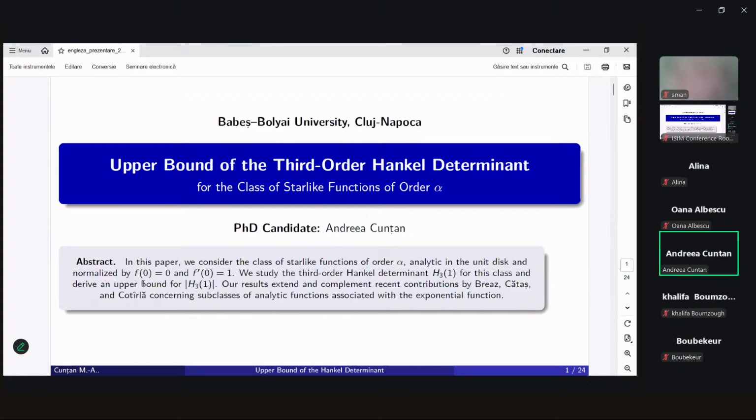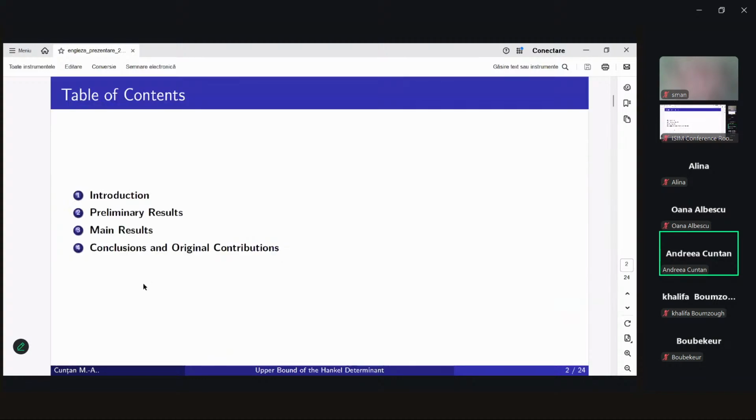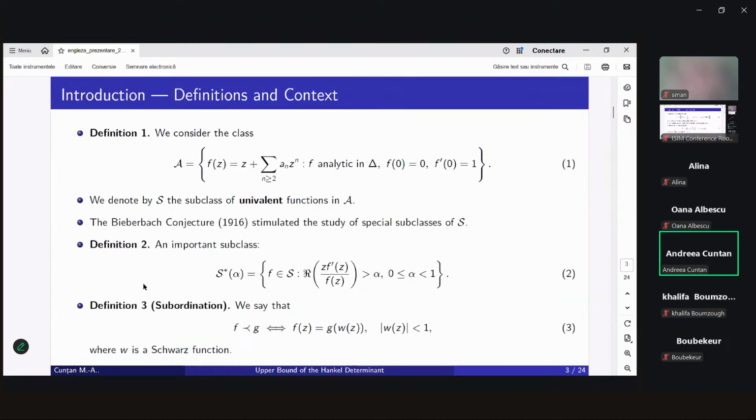Our results extend and complement recent contributions by Braz, Cătaș, and Cotârlă concerning subclasses of analytic functions associated with the exponential function. Table of contents: introduction, preliminary results, main results, conclusion, and original contributions.